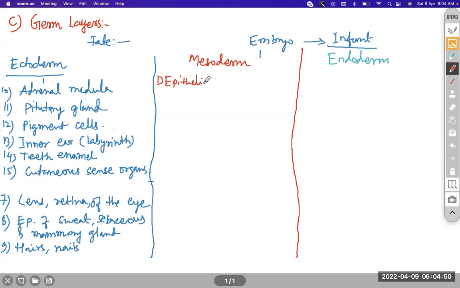Number one, epithelial part of thyroid and thymus gland. पैराथायरॉइड का भी, मिडिल ईयर. Epithelial portion of liver and pancreas.